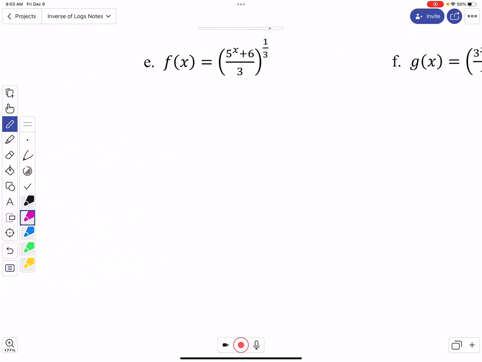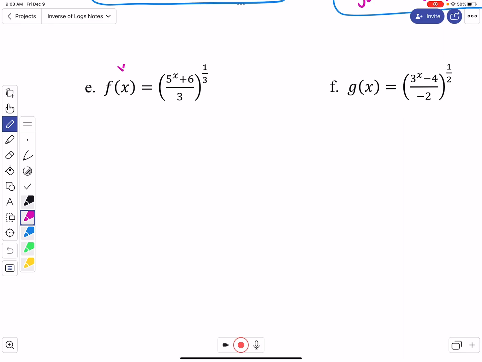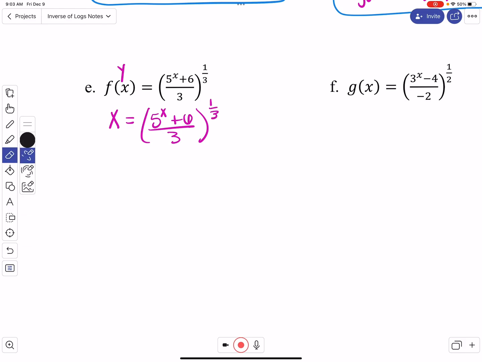We're not going to look at that in Desmos. Again, this is just a y. So I have x equals 5 to the power of x plus 6 over 3 to the power of 1/3. Oops, and again, I forgot to change that to a y. Sometimes I get a little carried away here.